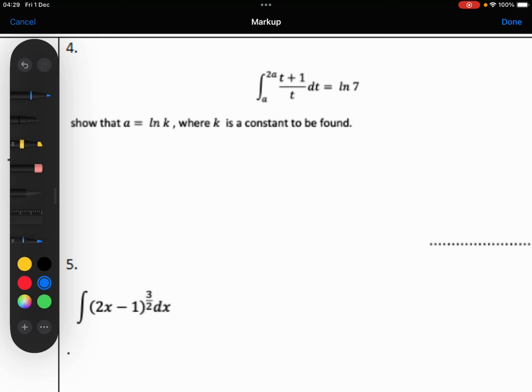So in order to do this integral, I'm first going to rewrite this as t over t plus 1 over t. I'm just dividing both terms on my numerator by t. I've got the t divided by t, and I've got the 1 divided by t.